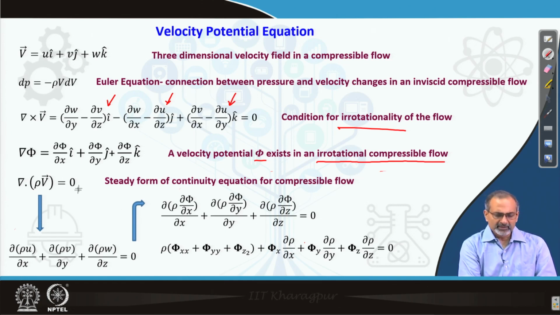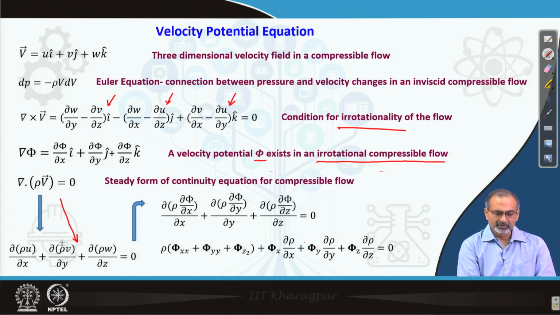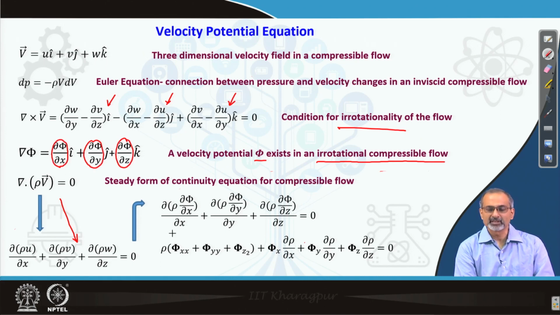We further bring in the continuity equation, and in its steady form it is shown by the divergence of the product of rho times V, which can be expanded in this form. If you replace the velocity components in terms of the derivatives of the velocity potential, then you come up with a form like this.